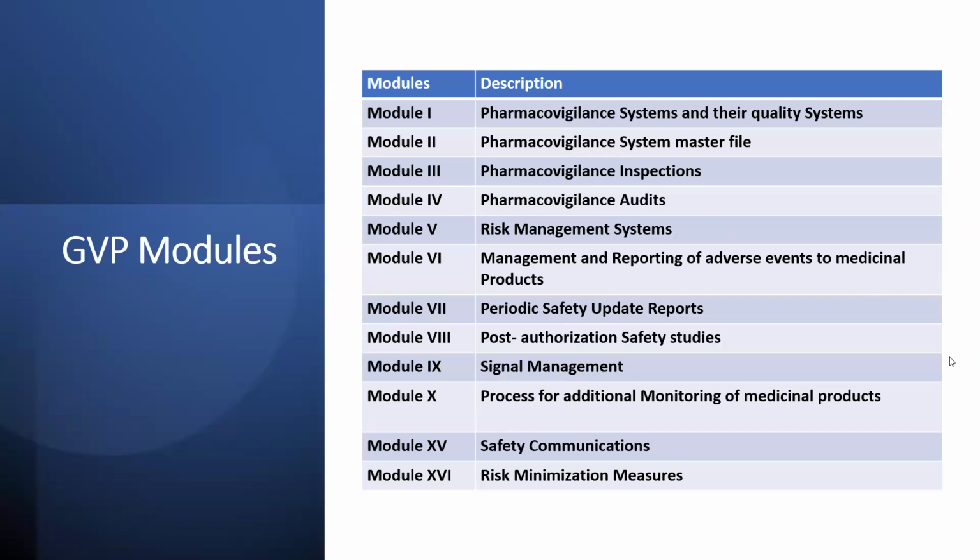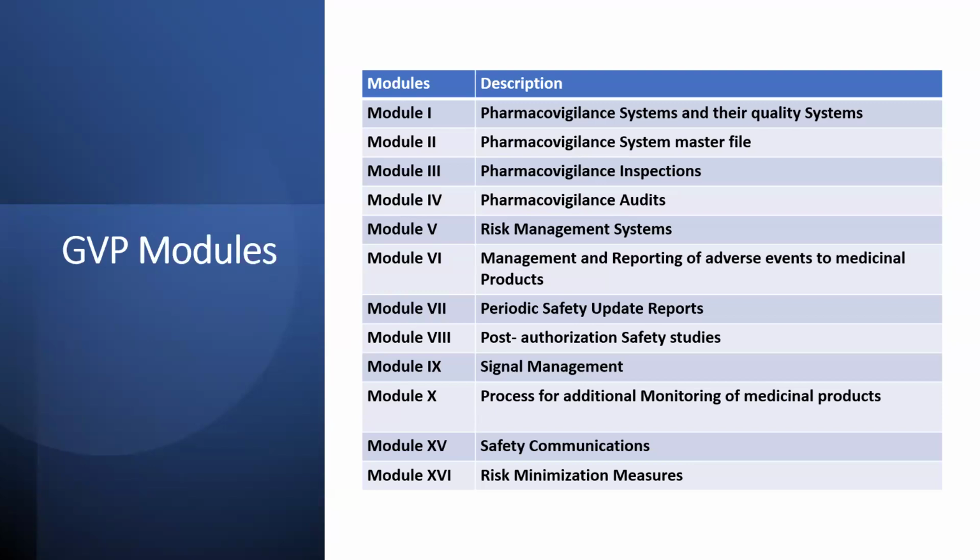Module 1 is basically for the pharmacovigilance system and their quality system. Module 2 is basically for PSMF. Module 3 is basically for inspection. Module 4 is for audit. The 5th is for RMP. The 6th is for electronic reporting, that is called management and reporting of adverse events to the medicinal product. Okay.